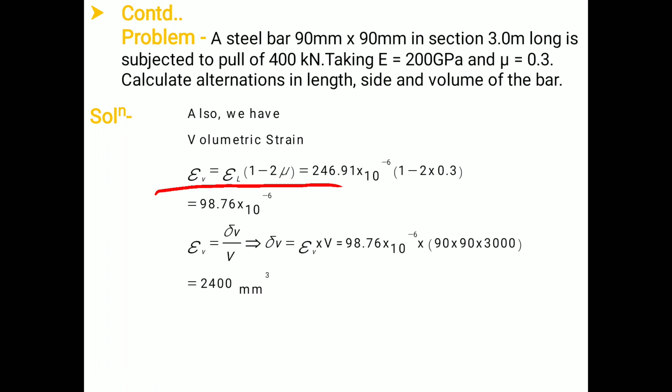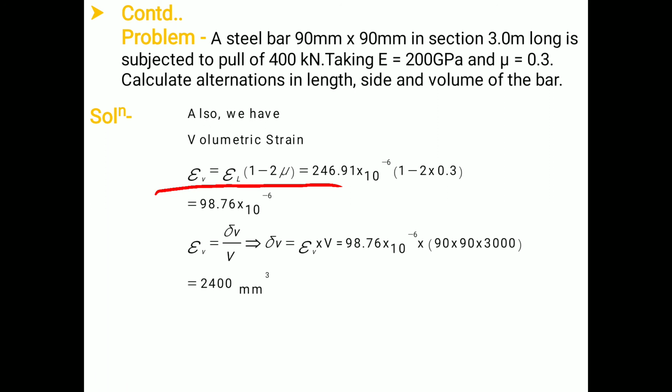Once you know the value of epsilon V, we have epsilon V equal to delta V upon V, and we have to find out the value of delta V. Therefore, delta V becomes epsilon V into V. On putting all those values which we have calculated already, the result is 2400 mm cube.